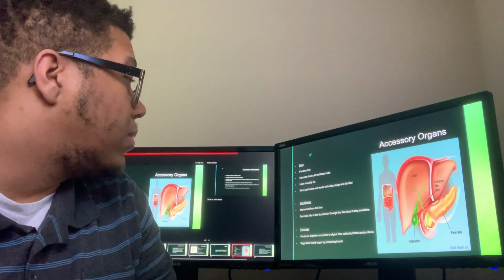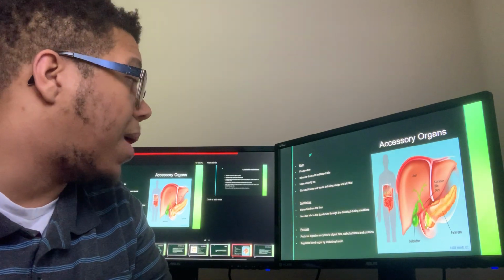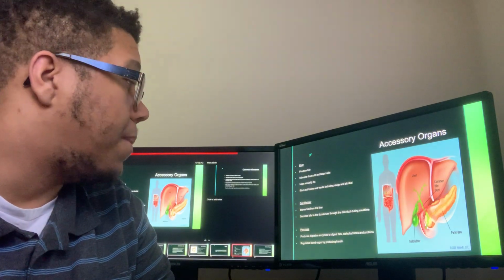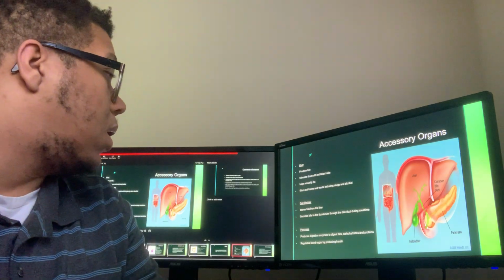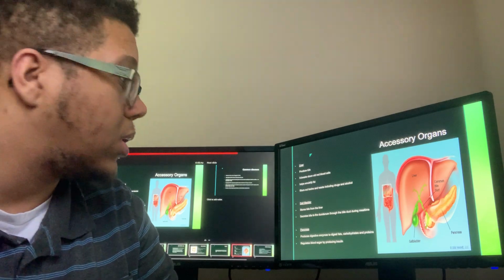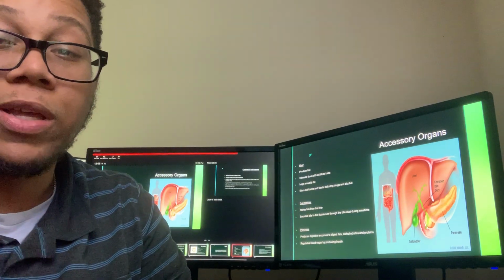The gallbladder stores bile from the liver, and it secretes bile through the bile duct into the duodenum. And the pancreas produces enzymes to digest fats, carbohydrates, and proteins, and regulates blood sugar by releasing insulin.